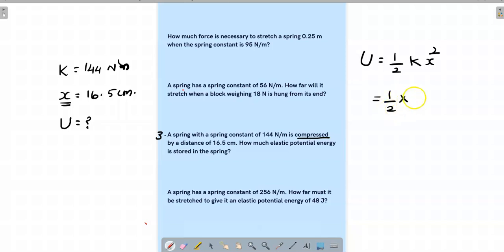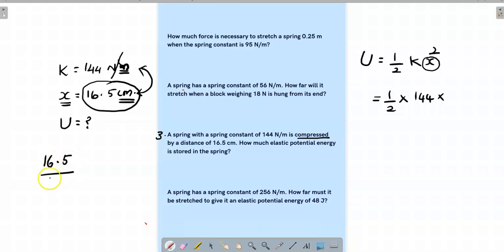Half K, value 144, spring constant is given, and here we need a conversion, because if you notice, Newton per meter and here is centimeter, so it contradicts. So change this centimeter to meter. 16.5 divided by 100, 0.165 meter.